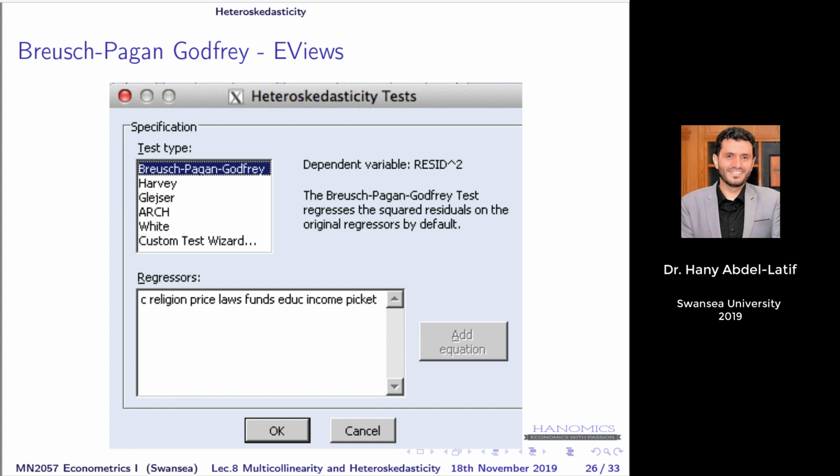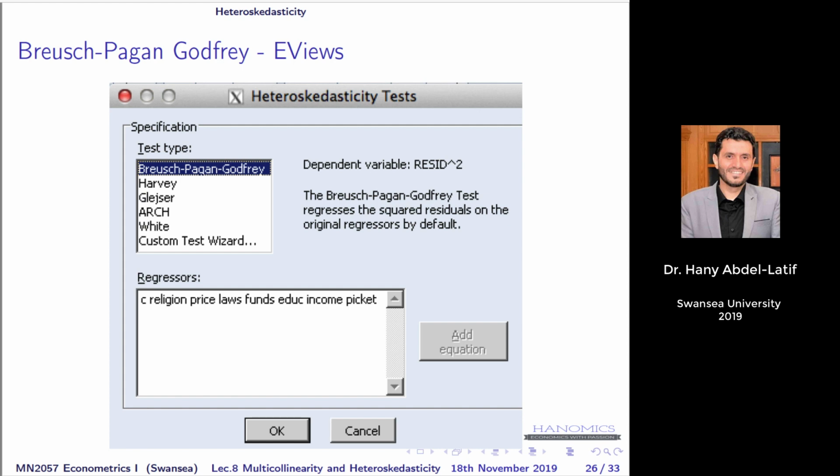With the Breusch-Pagan-Godfrey test, you run a regression of the squared residuals on the regressors, your x's, and then you use the F statistic from this regression. With the White test, you do more than that.